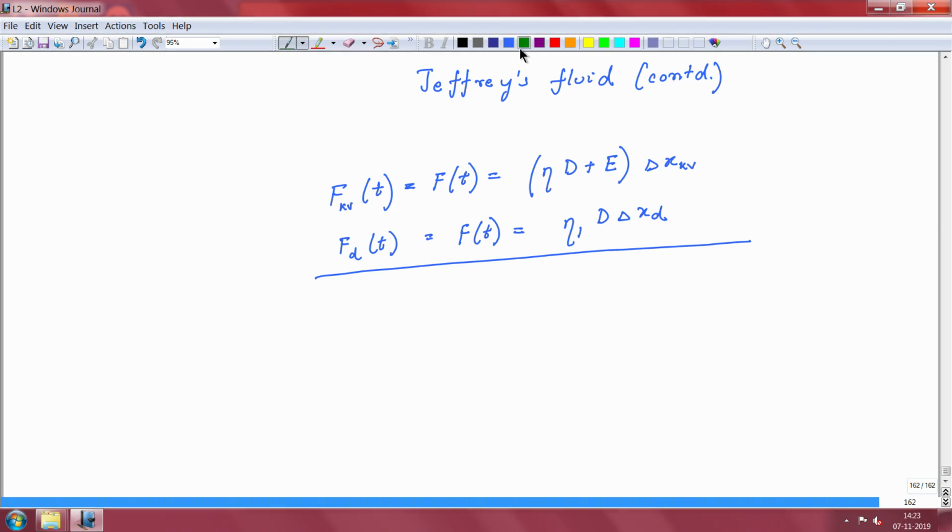To do that, you will recognize that we have to multiply the first equation by eta 1 D, f of t equal to, sorry, this belongs to the other dashpot, eta D plus E delta x KV.